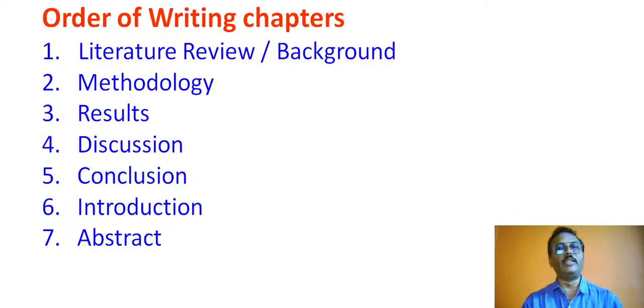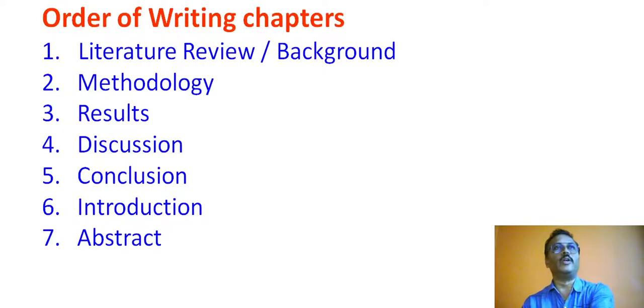First write the literature review, then write the methodology, after that the results, discussion, conclusion, and then write the introduction and abstract. This is the order in which you have to write.